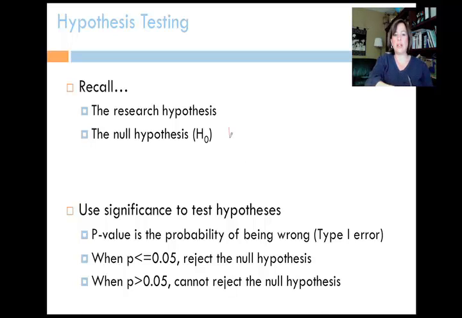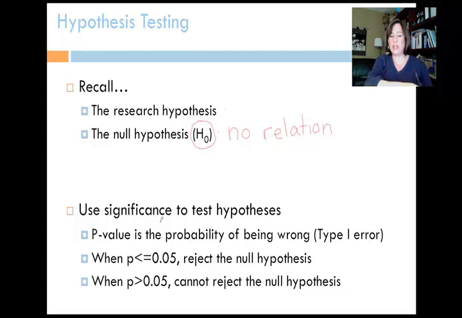I'm going to hypothesize no relationship between variables, whereas the research hypothesis typically is that we will find a relationship between variables. And that's what we use statistical significance for, to test whether there's a relationship or whether there's no relationship. And this is just the notation for the null hypothesis.